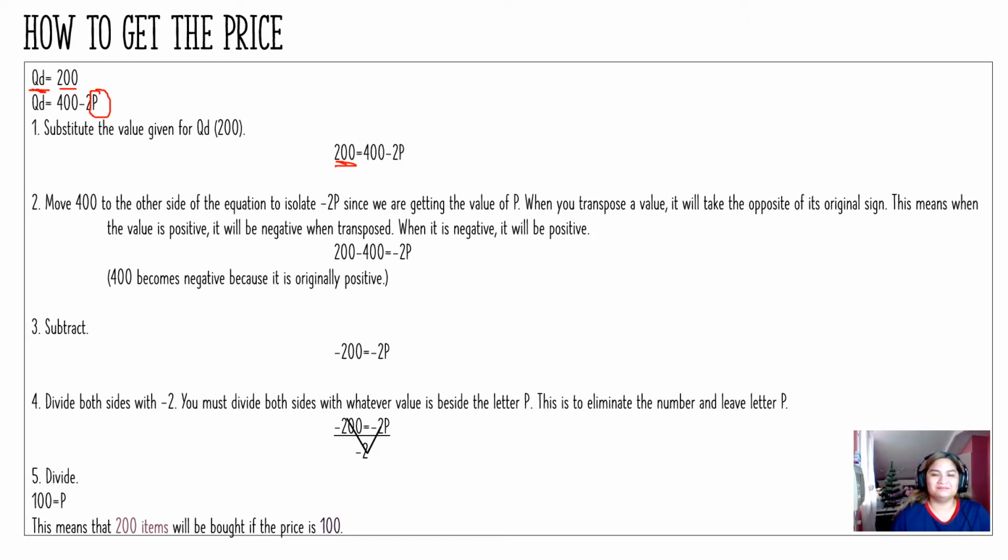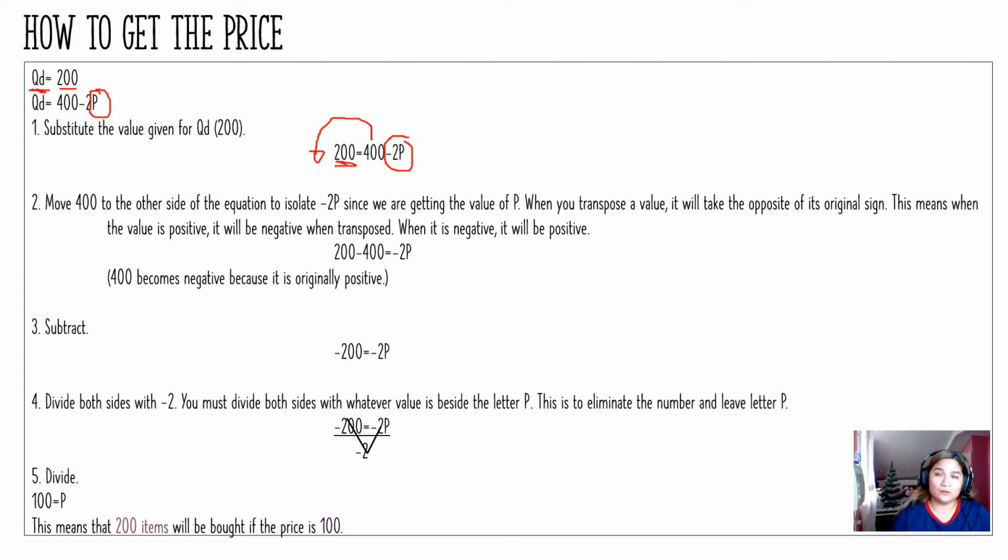Next step, we have to isolate this portion. So we are going to transfer 400 to the other side. So that will be 200 minus 400 equals negative 2P. 400 got the negative sign because you transposed it.